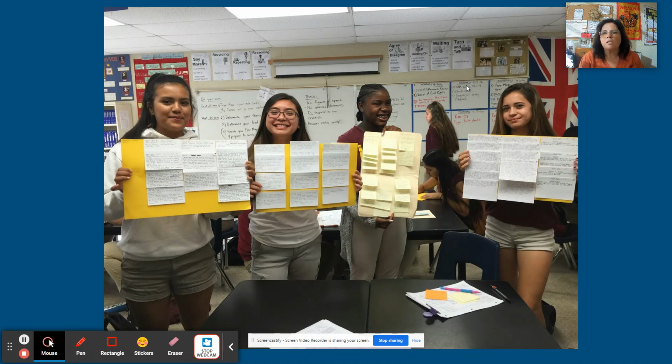Some used note cards, some used Post-it notes, some used paper. They took all that information and they categorized it, decided what order they were going to present their information. That's what your job is to do at the very end of collecting your notes. And often when you're doing this, you'll realize that you're missing notes and you have to go back and get a little bit more research.